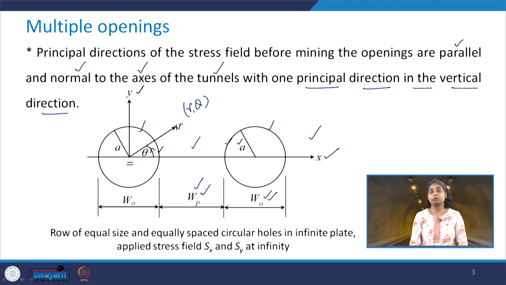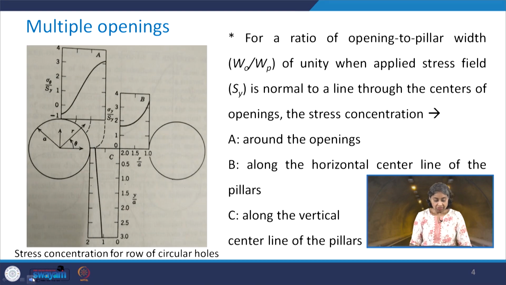We will not be going into the mathematical details of it, but we will directly study how the stress distribution is going to be and how it compares with the situation when you had only a single circular opening. So this is the stress concentration for a row of circular holes.